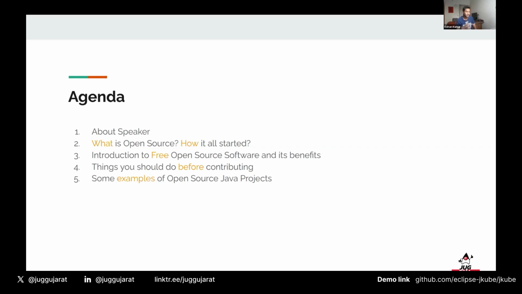First, I'll introduce myself, what I've been doing for the past few years, and then we'll dive into what is open source and how it started, what it means, and then we also look into the introduction to open source software, what does free mean, and what are the benefits of open source, why people contribute to open source, why people don't contribute to open source, and we will also see some examples of open source Java projects that I picked while preparing this talk.